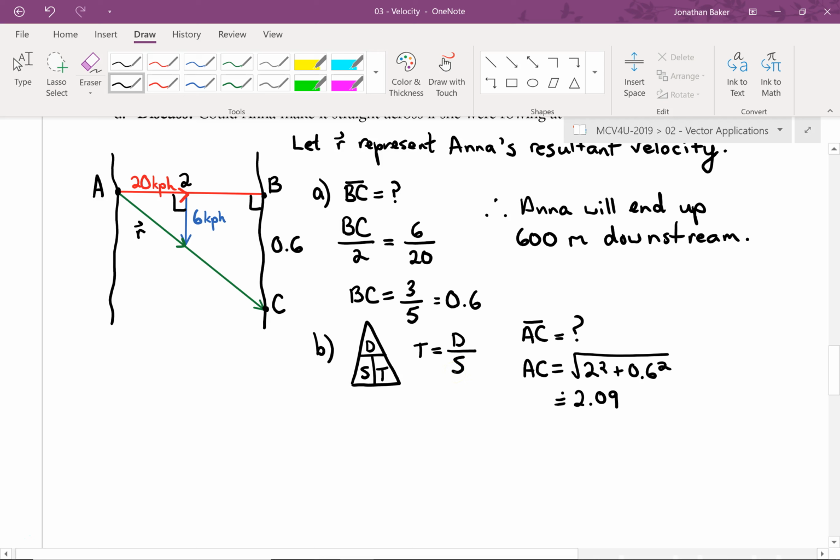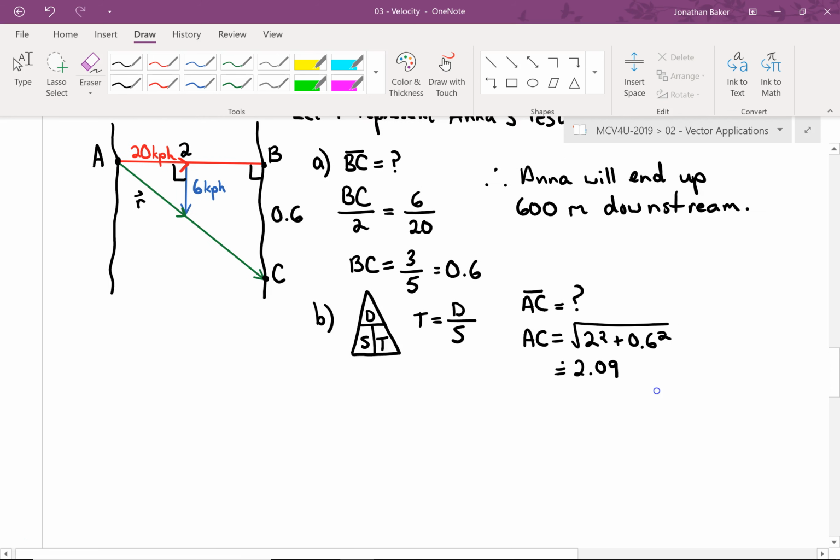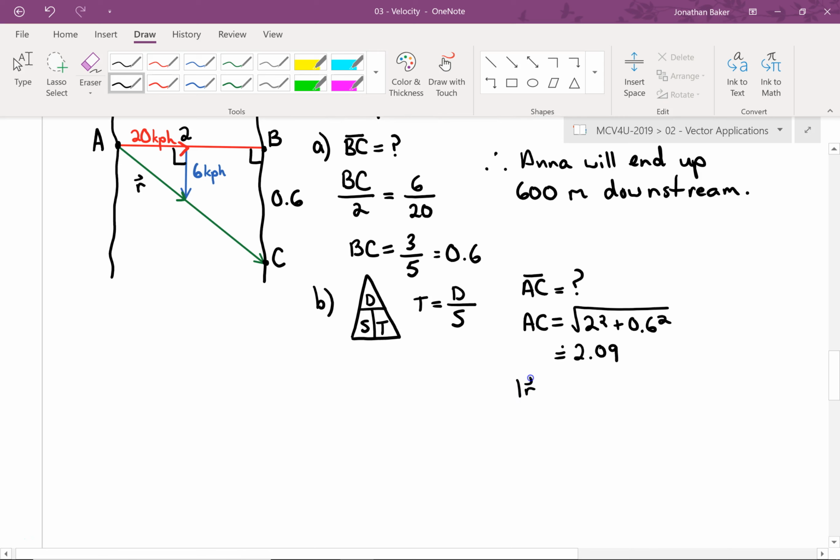The second thing we need to know is how fast she is going. That's the magnitude of r. We have 20 and 6, so the magnitude of r is the square root of 6 squared plus 20 squared, which is approximately 20.9.